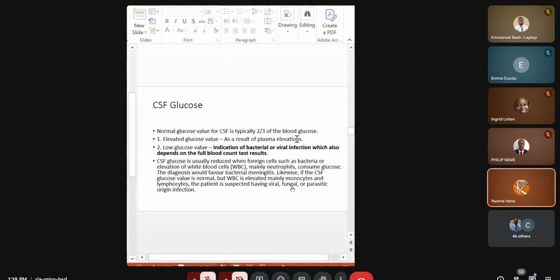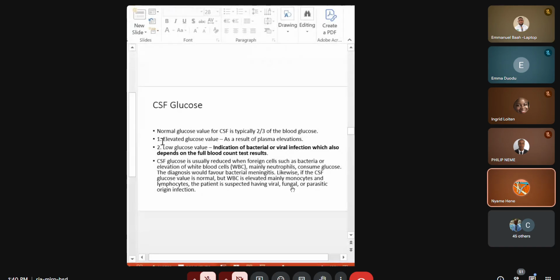You understand? So elevated glucose value is a result of plasma elevation. When there is elevated sugar in the plasma, it will elevate that of the CSF. Then low glucose value is an indication of bacteria. So when they check the CSF and realize that the glucose is down, it gives us an idea that there is a bacterial or viral infection.